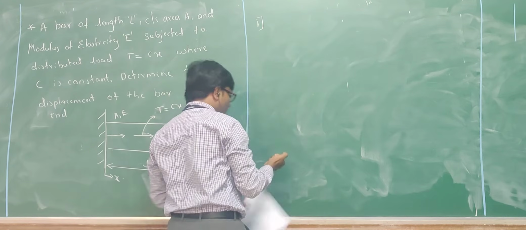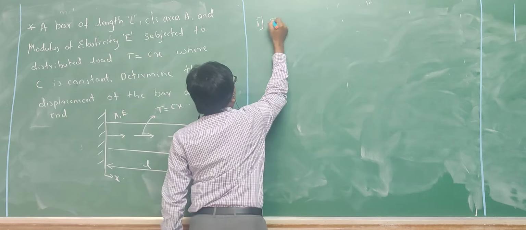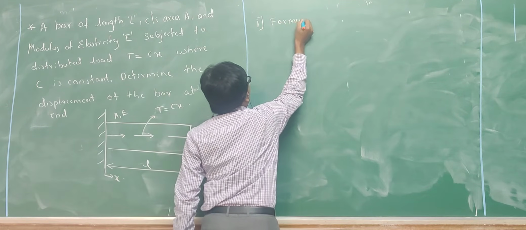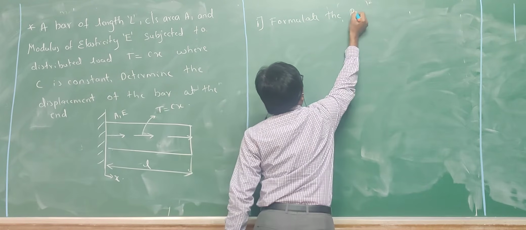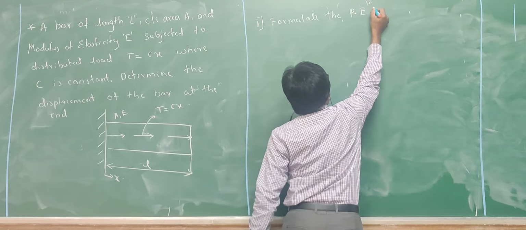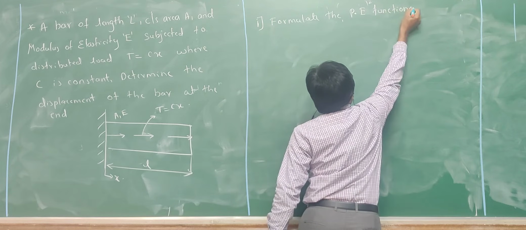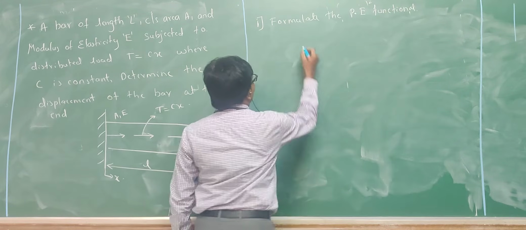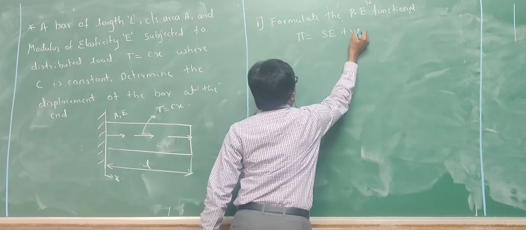The first step of the Rayleigh-Ritz method is that you have to formulate the potential energy function, that is, pi equals strain energy plus work potential.